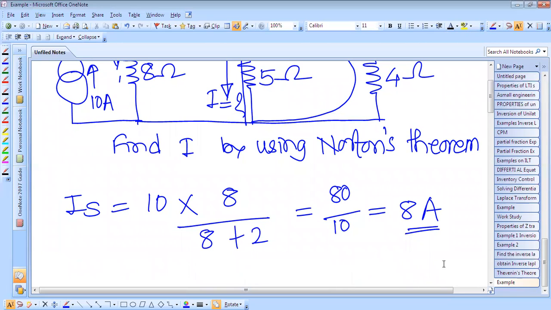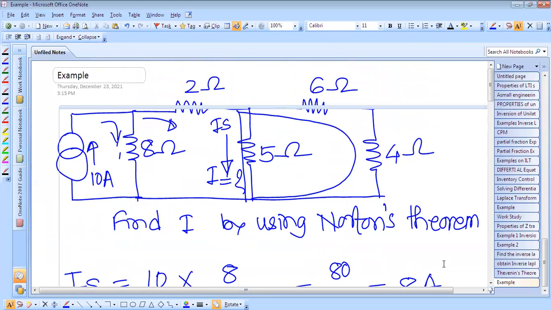Now we have to find the equivalent resistance. The current source is replaced by an open circuit. For finding the total resistance of the circuit, we will just open the current source, and we will look into the output terminals. So the output terminal is here. We have to find the current flowing through this 5 ohm.